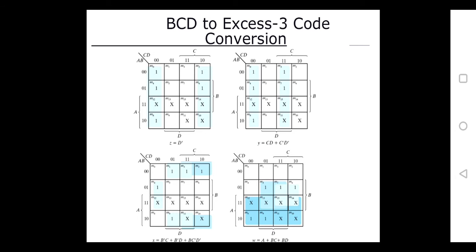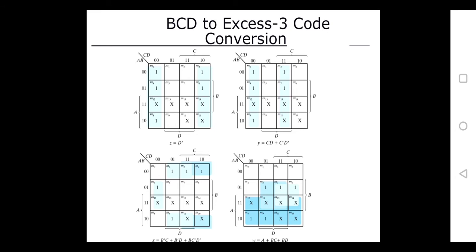So this is the K-map representation and simplification for BCD to XS3 code conversion. As we have 4 inputs, we need to draw the 4 variable K-map, and as we have 4 outputs, we need to draw 4 K-maps.